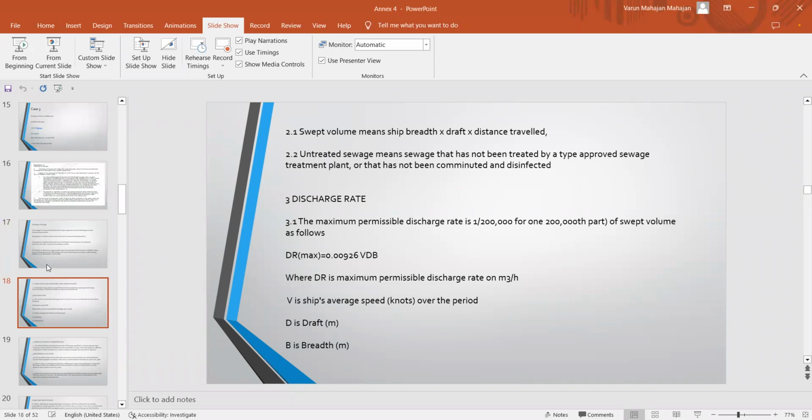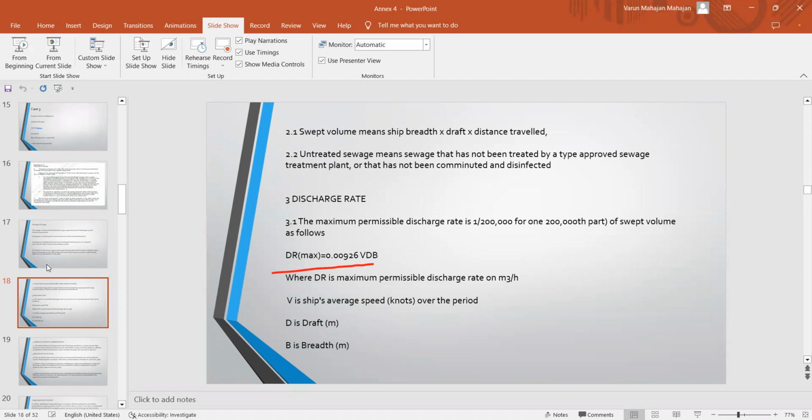This formula is given by them. The formula is 0.00926 VDB, where V is ship speed in knots, average speed, D is draft, and B is breadth.